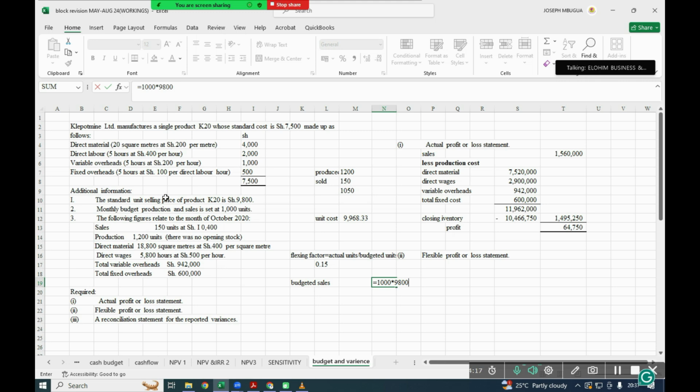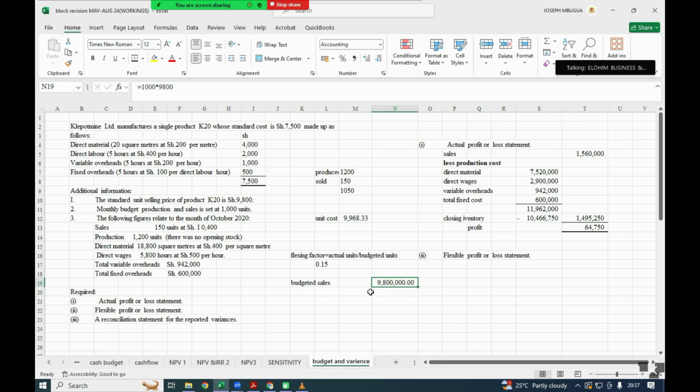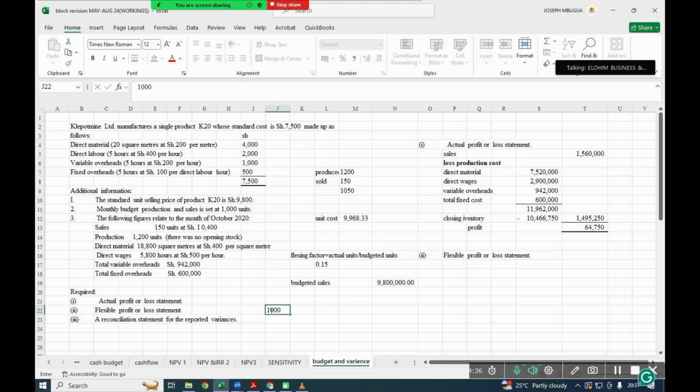The standard unit selling price was 98, meaning that you should have gotten 98,000 as what was budgeted. But now remember, these 1,000 units that we are selling are the ones giving us 98,000.